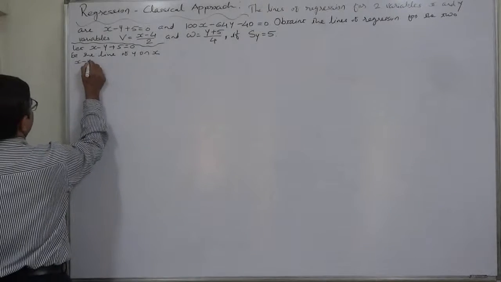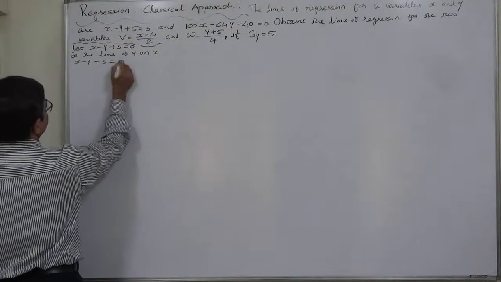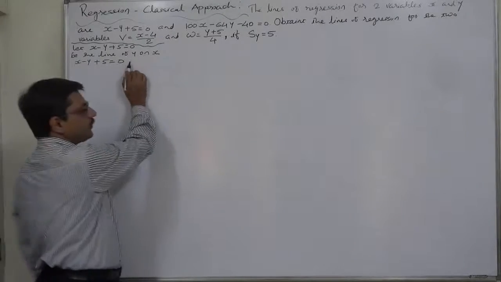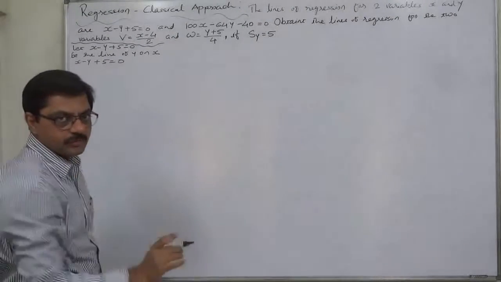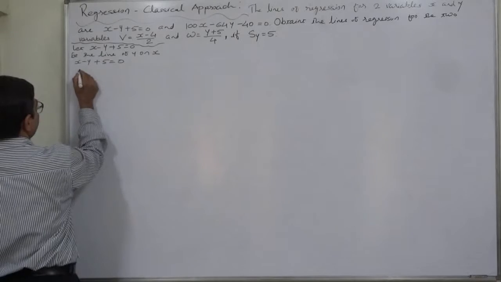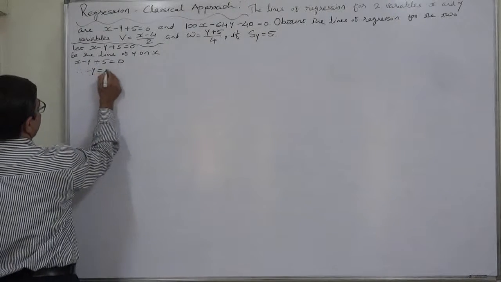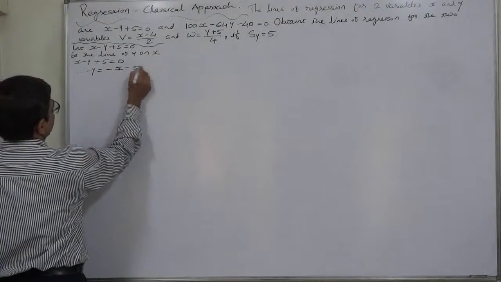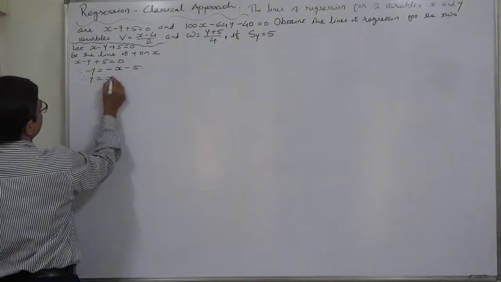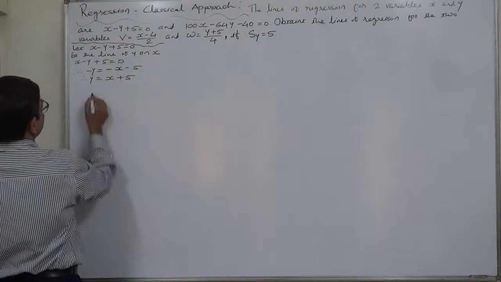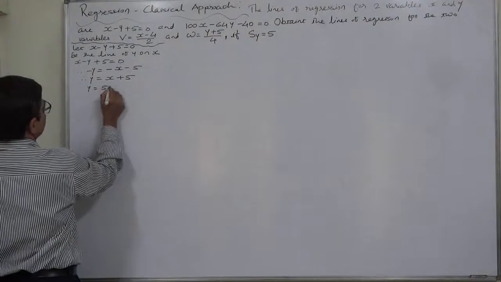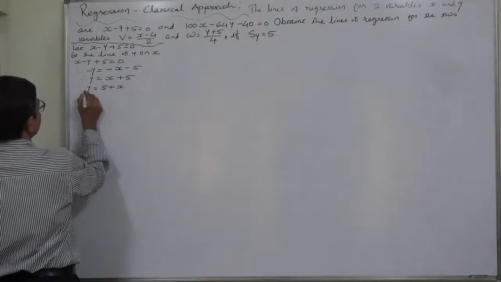If it is the line of regression of y on x, y should be the subject of the equation. Therefore, minus y equals minus x minus 5. Therefore, y equals x plus 5, or y equals 5 plus x, whatever the case may be.